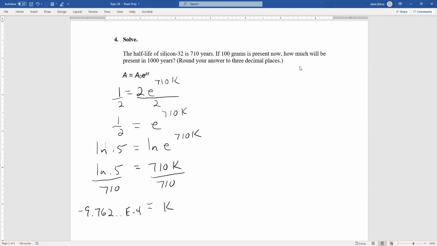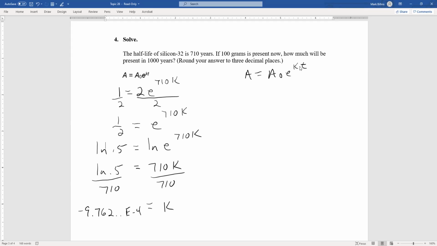So remember, we're just going to hold that in our memory in the calculator. And now we're going to come back to our growth function and put in the information given.